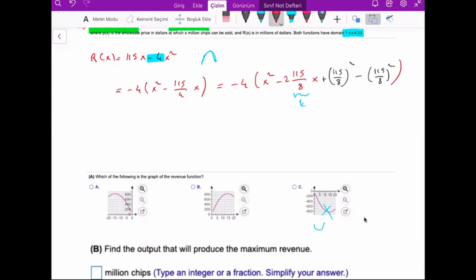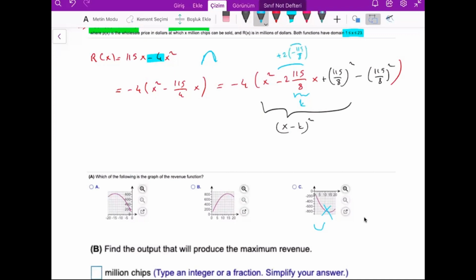By this way, we can say that this expression equals x minus K squared. Why is it not x plus K? It is not x plus K because this is negative. If it were positive, K would be negative, so here plus 2 times minus this value.